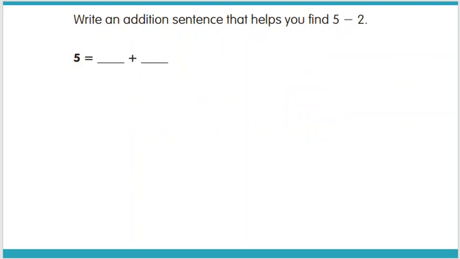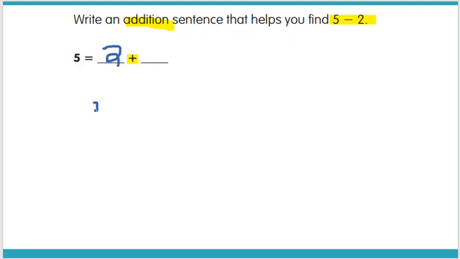This one is write an addition sentence that helps you find 5 minus 2. So I know that I'm working on an addition problem here, so I know that the plus sign is there, and that's going to help me find 5 minus 2. Well, I know that there's going to need to be a 2 on this as well.